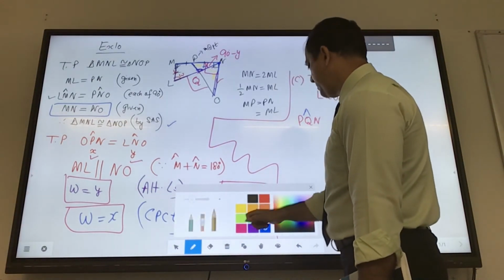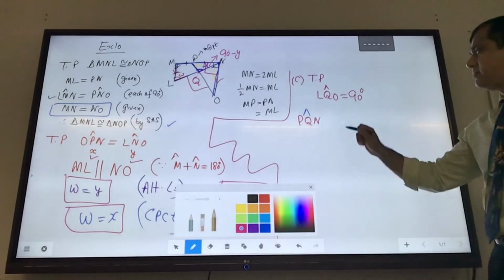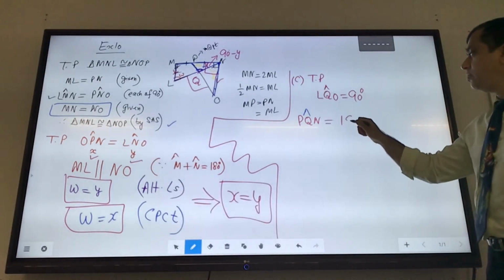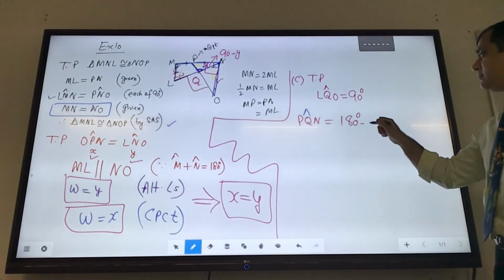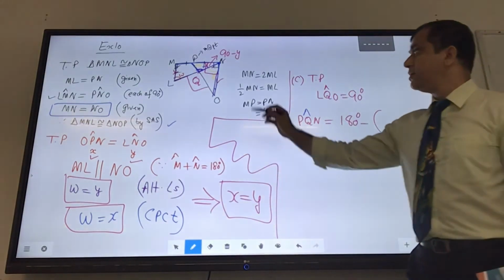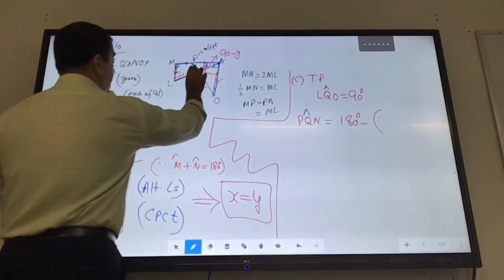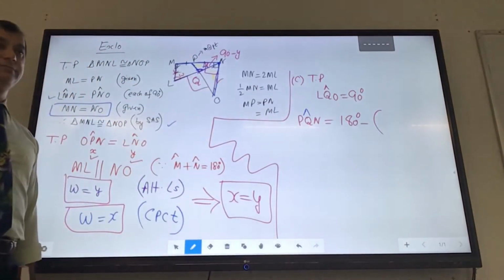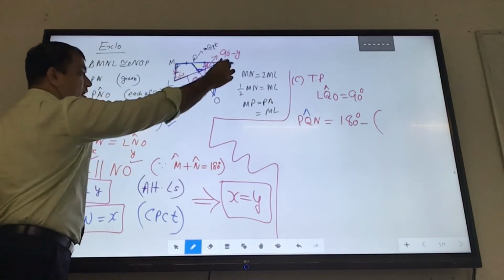By angle sum property, this angle PQN should be equal to 180 degrees minus sum of other two angles. Other two angles are X and 90 minus Y, right? X and 90 minus Y.